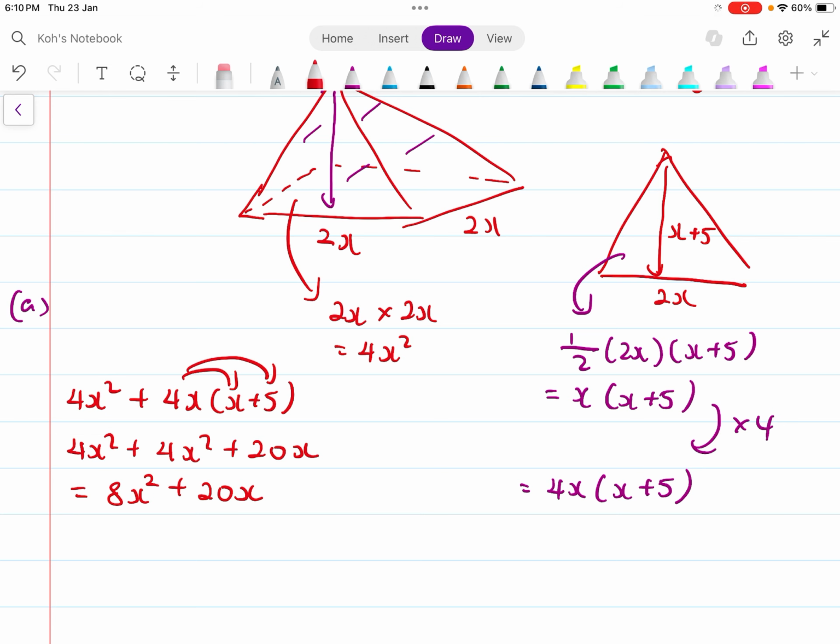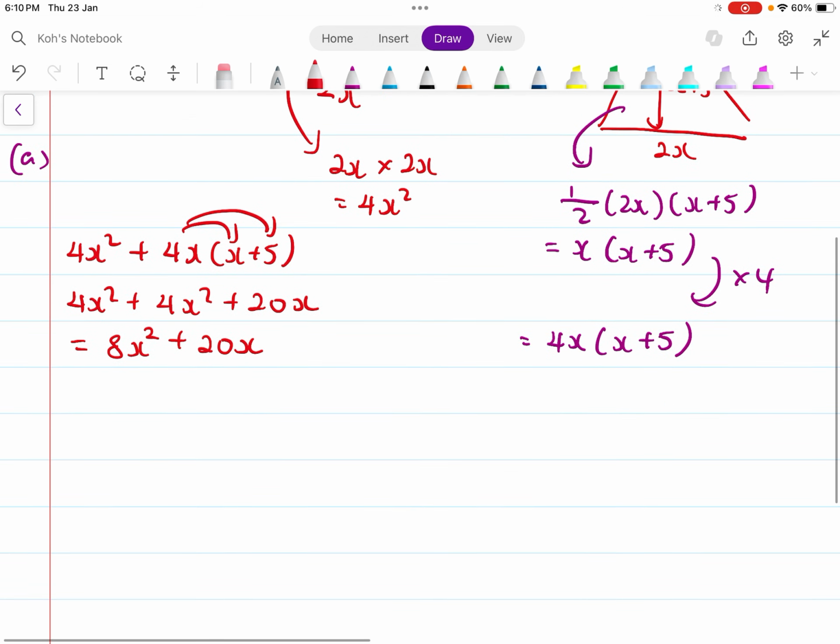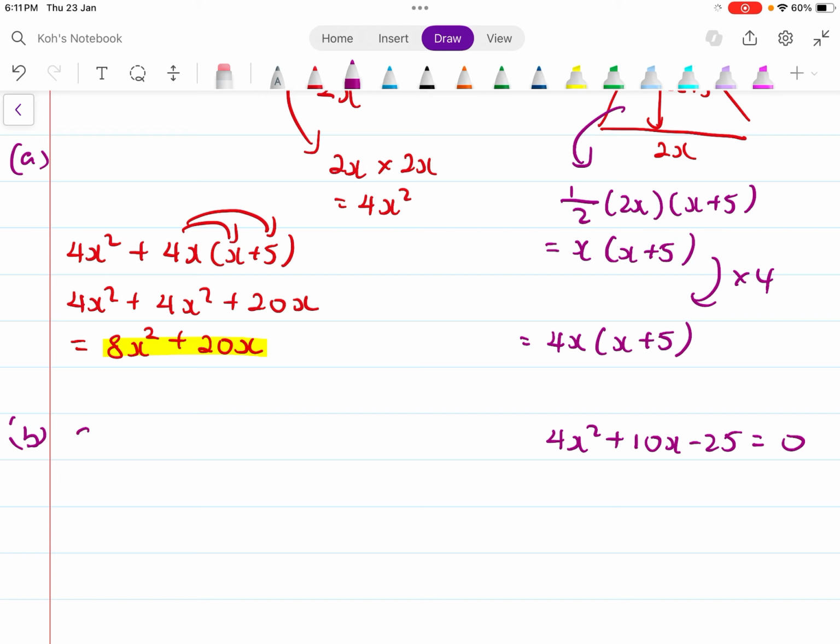Okay, then let's take a look at part 2, forming the equation. We are asked to form an equation such that the total surface area of the model is 50. The final equation must be something like this, equal to 0. How do we do that? Very simple. First, you equate this to 50, because they say the area is 50, so 8x squared plus 20x equals 50.